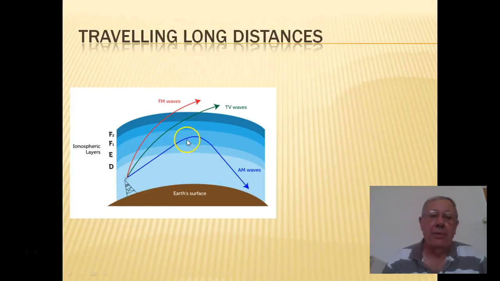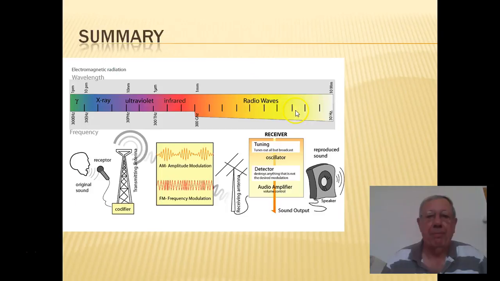The AM frequency, you might remember, is somewhere between 550,000 hertz and 1.6 million hertz. If we're using a frequency which is a lot higher, higher than 88 megahertz, then that can go through. It's not so much the fact that it's frequency modulated, it's more a result of the frequency. But anyway, it's a difference between AM and FM.